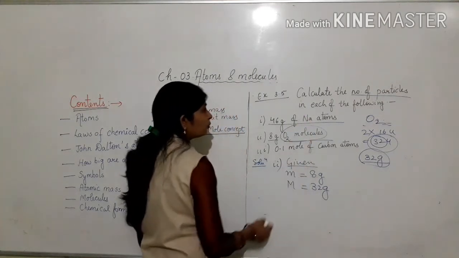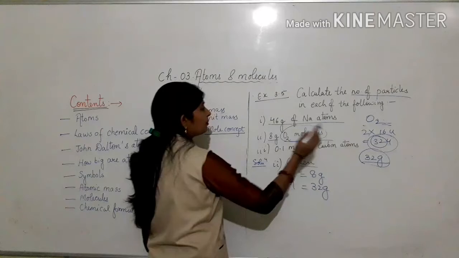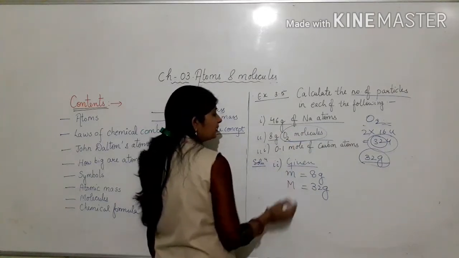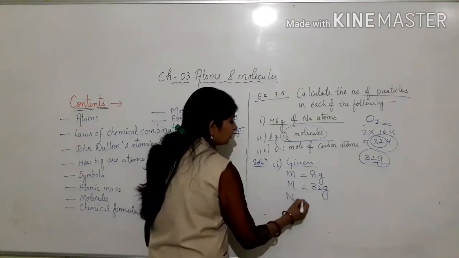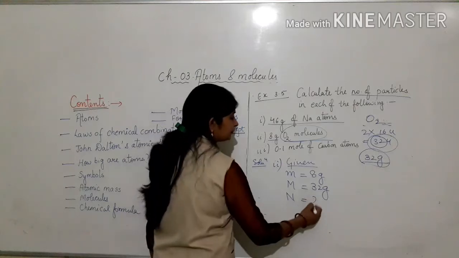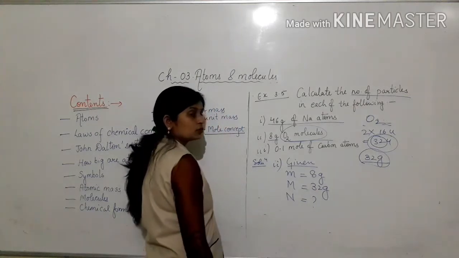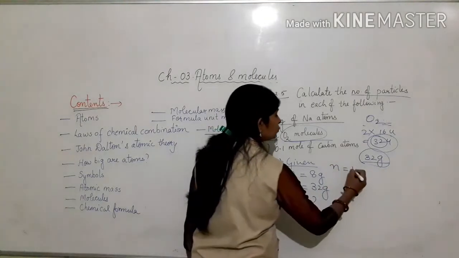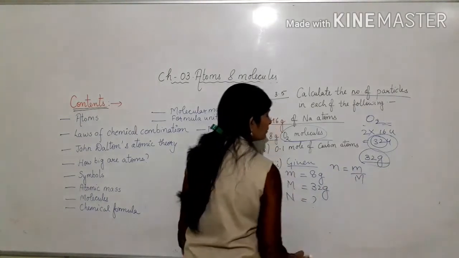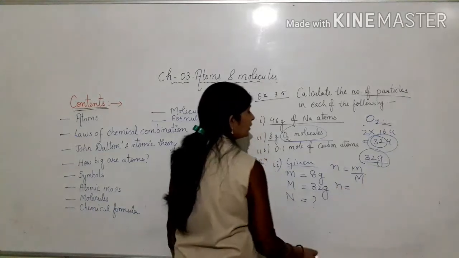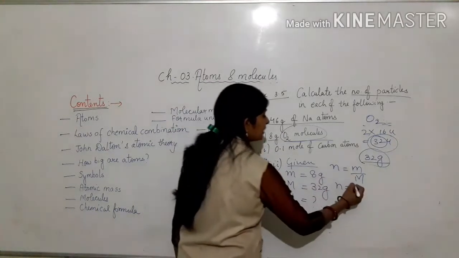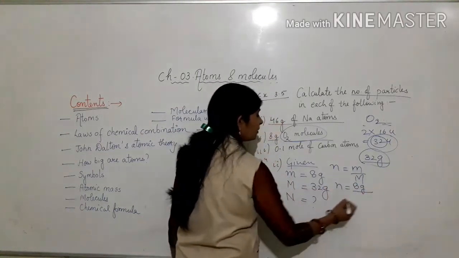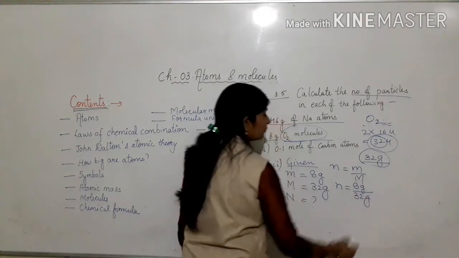Now we have to calculate the number of particles, meaning the number of oxygen molecules present in its 8 gram, denoted with capital N. Okay. So first of all, apply the formula. Number of moles is equal to given mass upon molar mass. Number of moles we have to calculate is equal to given mass 8 gram upon molar mass 32 gram.